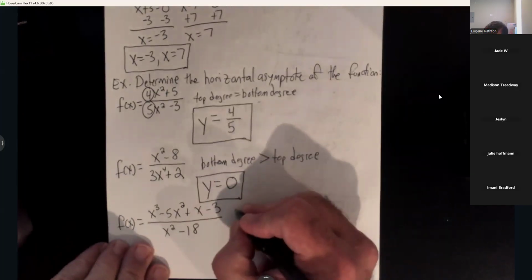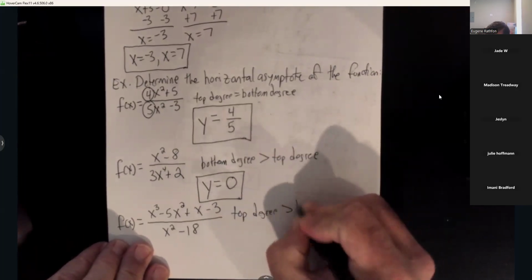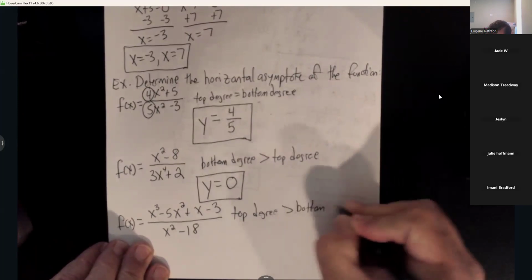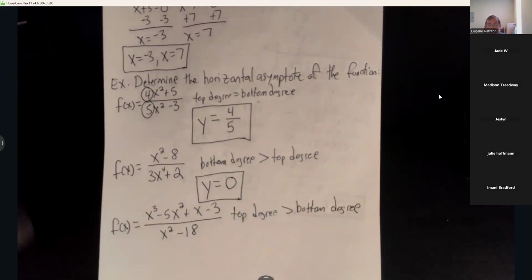So top is definitely bigger than the bottom. So if the top had a higher degree than the bottom, what did we say about that one?